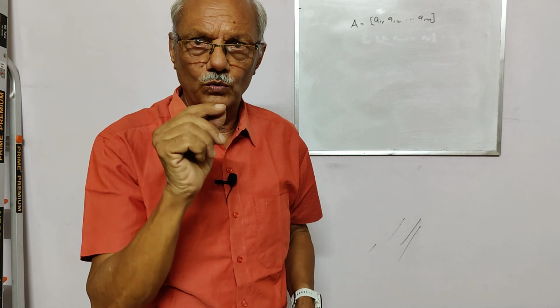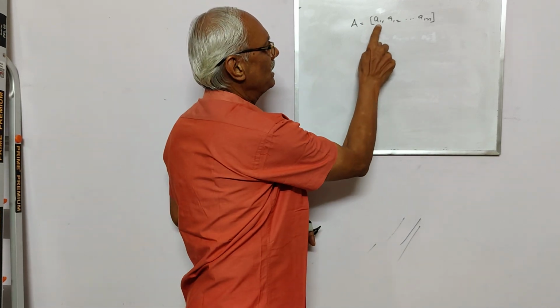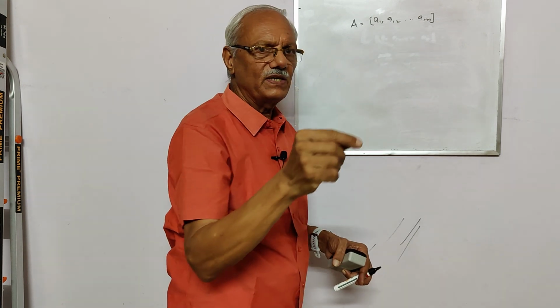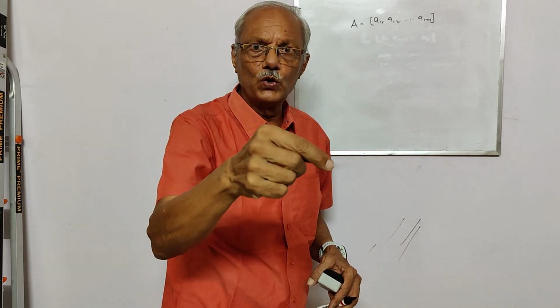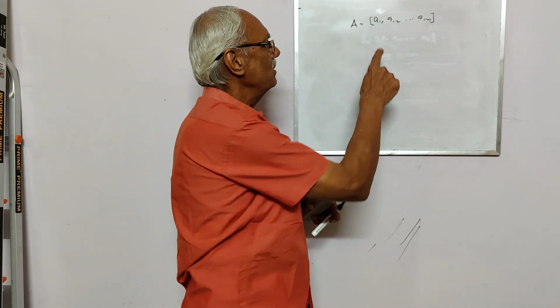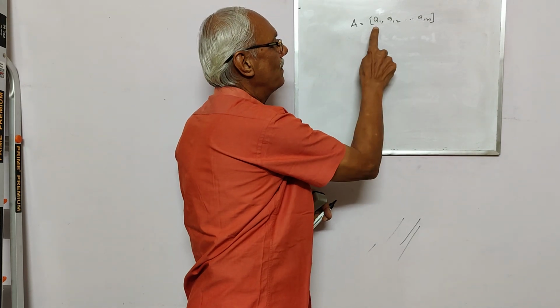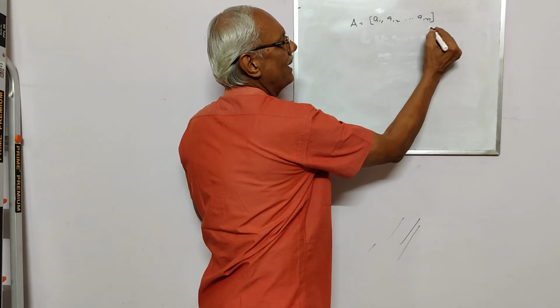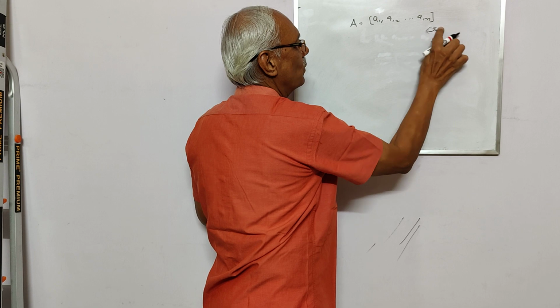There is only one row. That is why you put A11, A12, A1n. See, the first suffix refers to the row. The second suffix refers to the columns. Here you see that there is only one row, but there are n columns here. Therefore, this is called a row matrix.